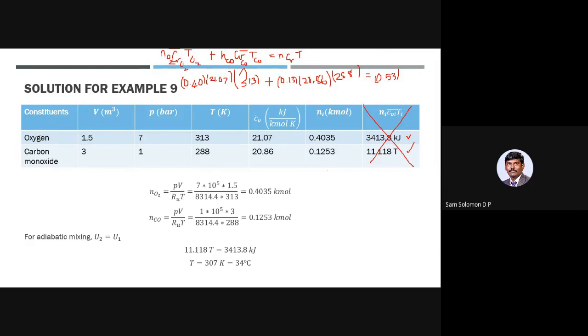So we have to find out yi. Yi is 0.40 divided by 0.53, so that is 0.75. So 0.75 is for oxygen.